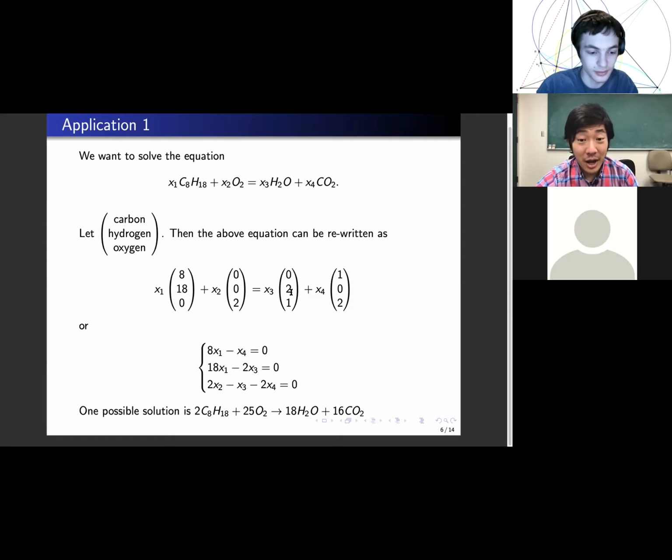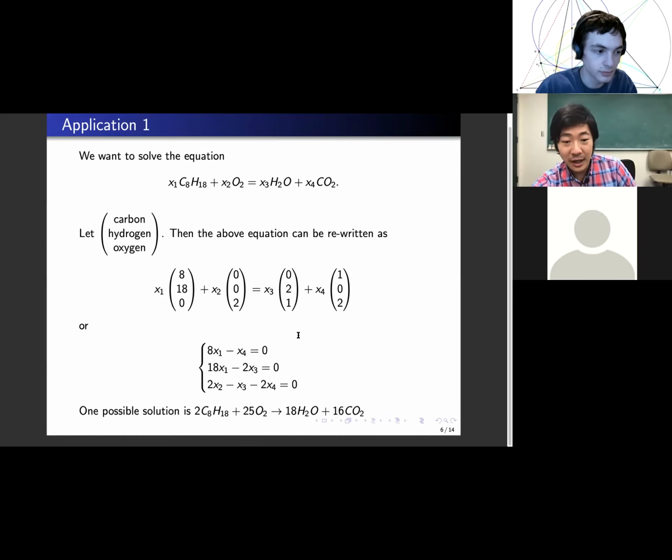So water would be 0 carbon, 2 hydrogen and 1 oxygen. And for carbon dioxide, there's 1 carbon, 0 hydrogen, and 2 oxygen. We want to make sure that the equation is balanced, that this system of linear equations is solved simultaneously.